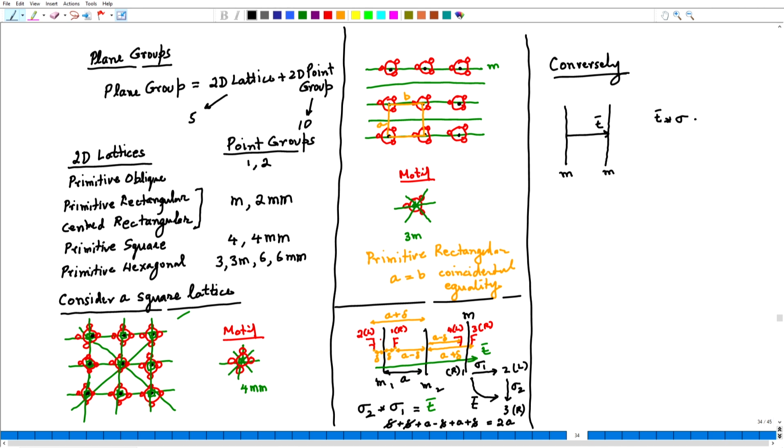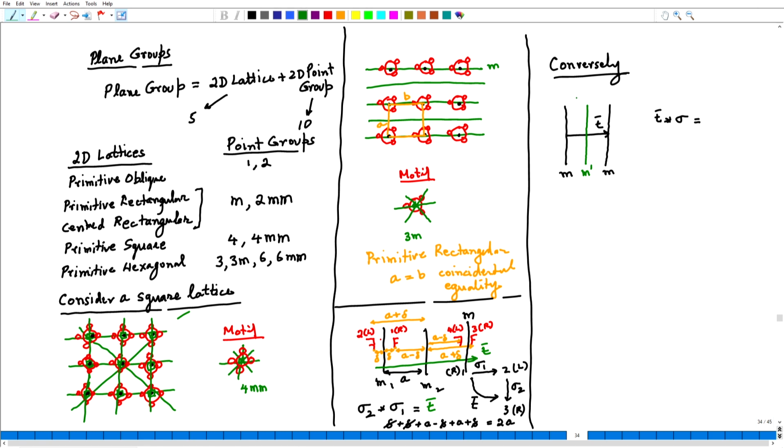So the new symmetry operation that should come is a mirror plane in the middle of these two mirrors. I can denote it as M prime. This is just the converse of the previous situation.